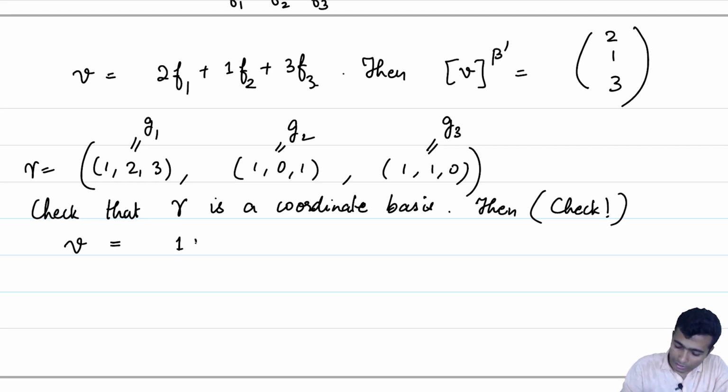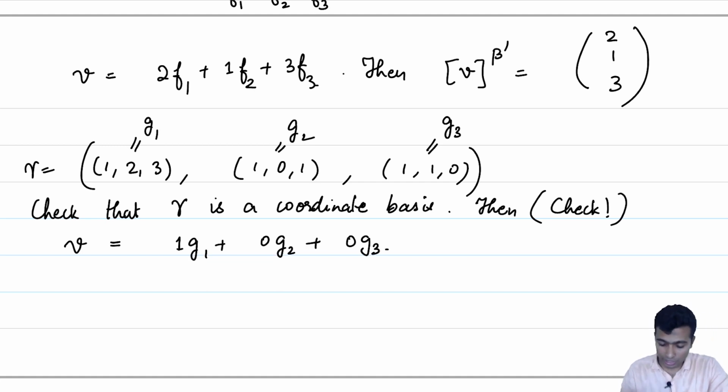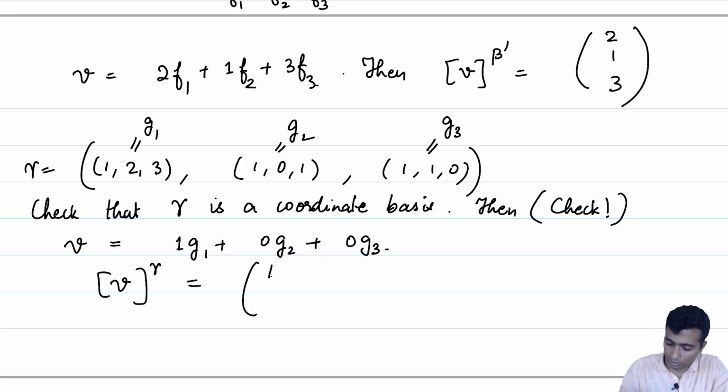This is going to be 1 times G1 plus 0 times G2 plus 0 times G3, and therefore the vector V is, in terms of this gamma, the coordinate vector of V relative to the coordinate basis gamma will be nothing but 1 0 0.